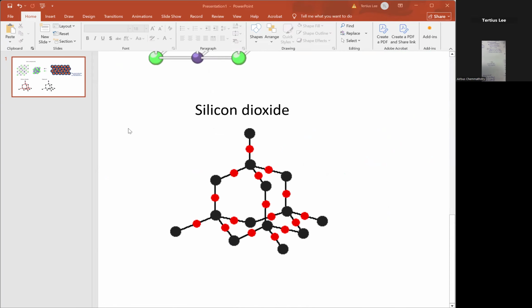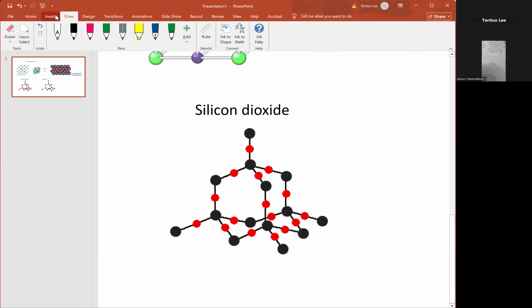For silicon, let me draw an arrow. This one represents an oxygen atom, and this one represents a silicon atom.